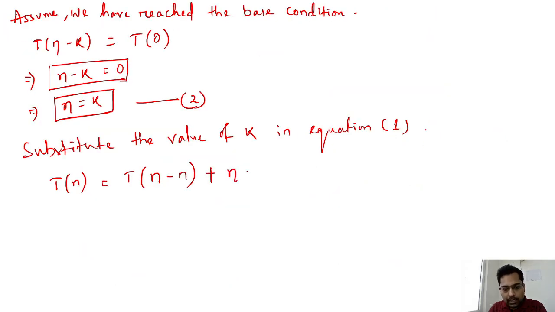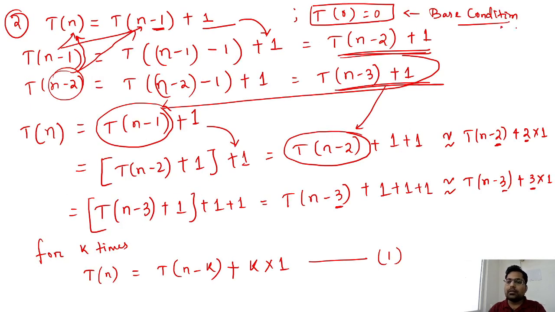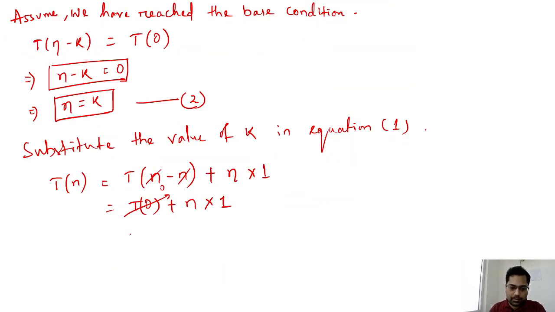Now n into 1. So n got cancelled, so T(0) you have to write plus n into 1. Next, T(0) is 0 as per the base condition we have written here. So then T(n) will be written as 0 plus n into 1.